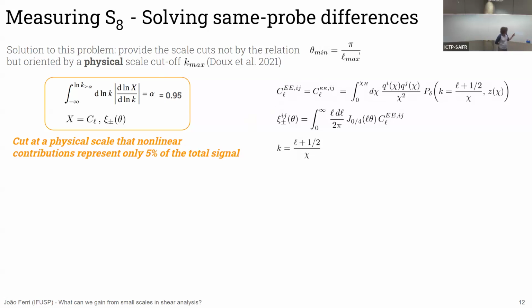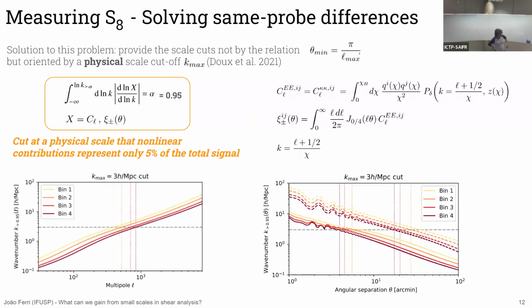And that's the way people usually do scale cuts in different analyses today to make these analyses consistent with each other. So for example, here is the relation between Kmax and Lmax, and this is the relation between Kmax and theta minimum. It's nice to see that psi plus and psi minus actually have different values of theta minimum.